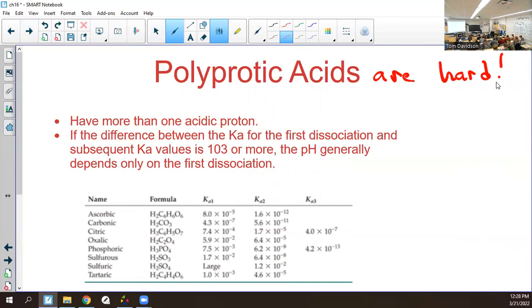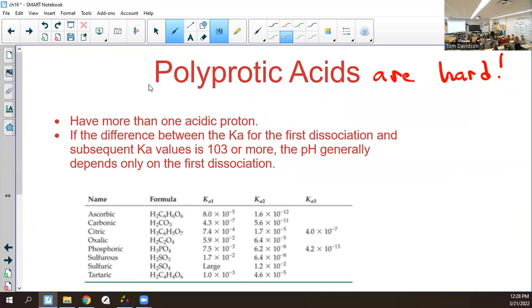Polyprotic acids are kind of hard. There's good news. Then we have to do the polyprotic part. Usually, I haven't ever seen it not be this way. If there's a question with a polyprotic acid, they only ask you for the first protonated hydrogen.